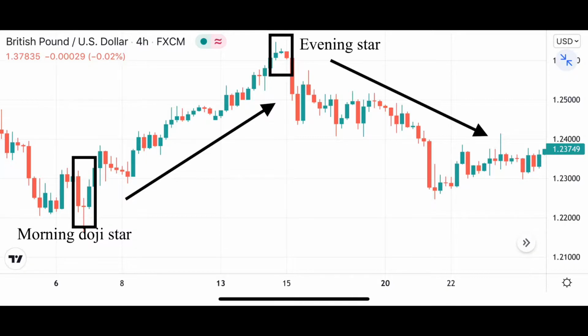Once there is a small candlestick coming in between two big opposite candlesticks, it can be referred to as the evening star candlestick, or even the morning star. The names are just all over the place, but if you understand the reason behind this candlestick formation, then you are good to go. You don't even have to memorize all these names.